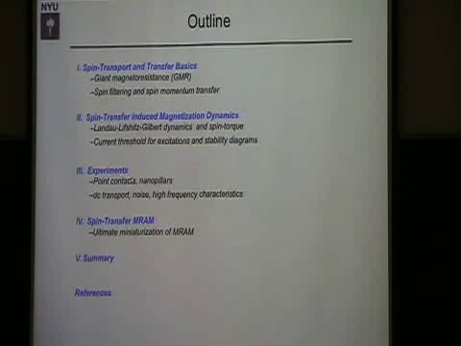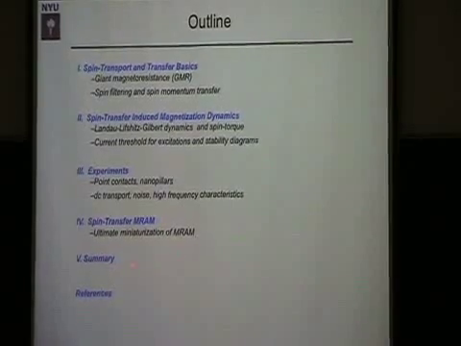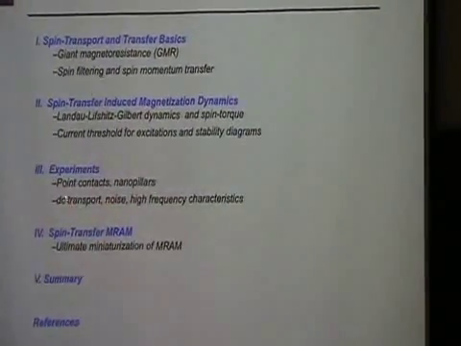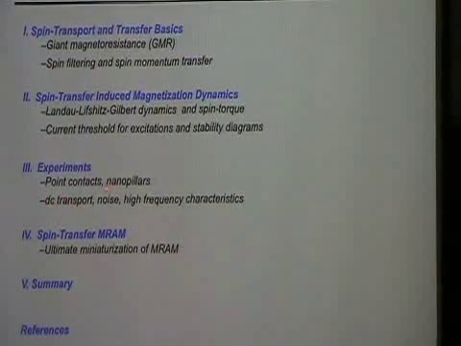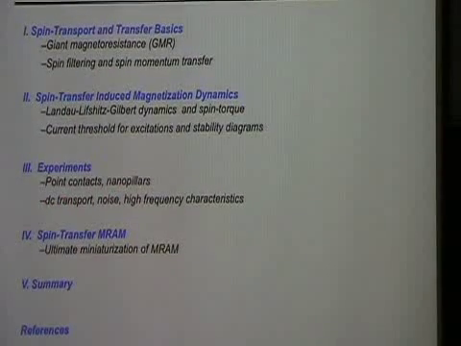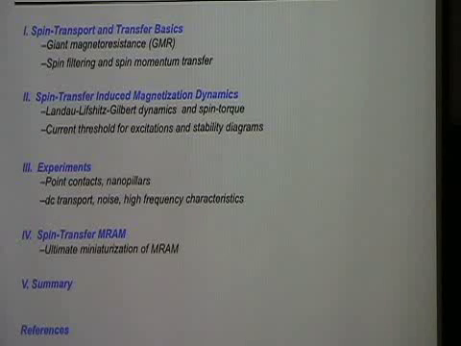And I'll show you experiments that are the first evidence for this effect, which were in point contacts and very small magnets, nanopillars, a little bit like the nanopillars you heard about this morning. Then I'll show you the transport results, noise, and high frequency characteristics, which show some of the real essential physics, I think, of what's going on.